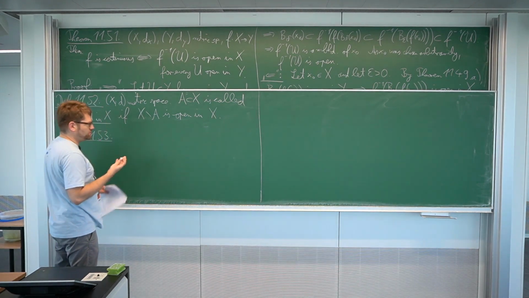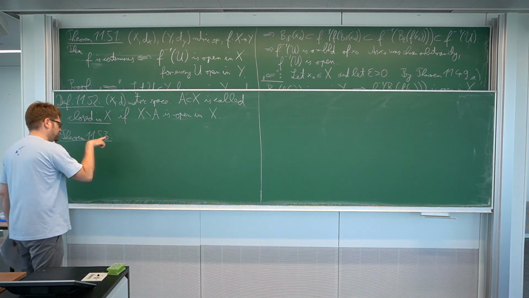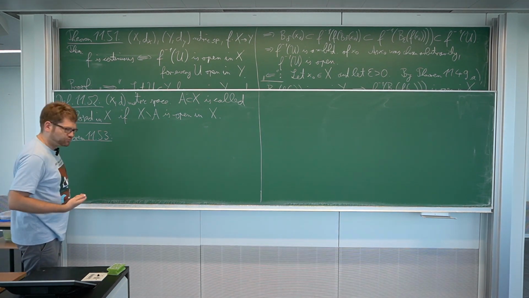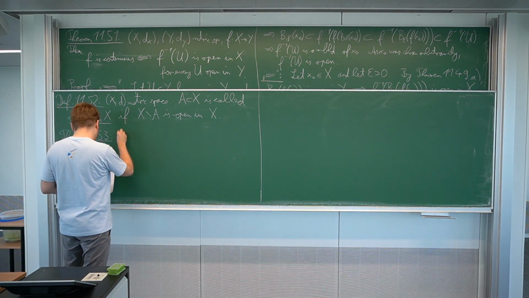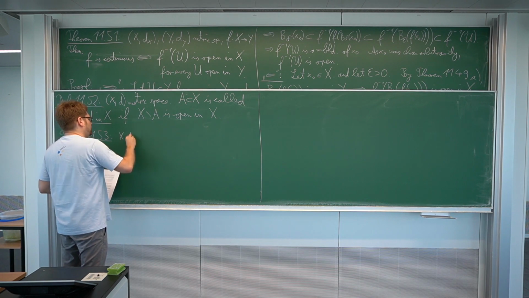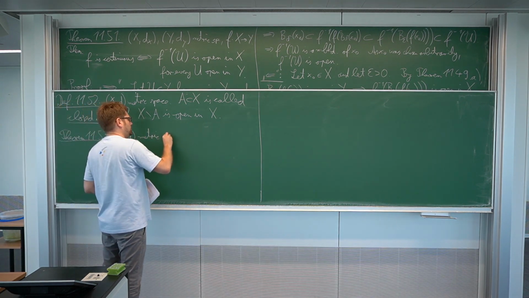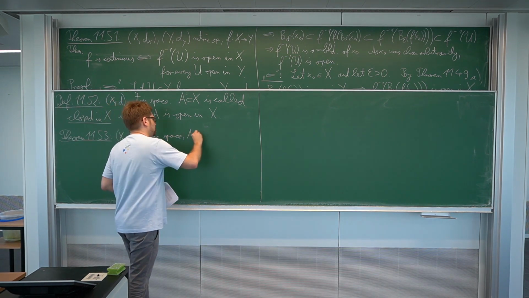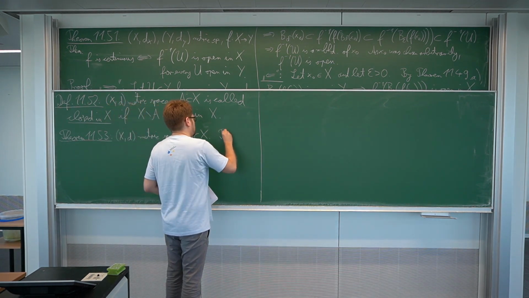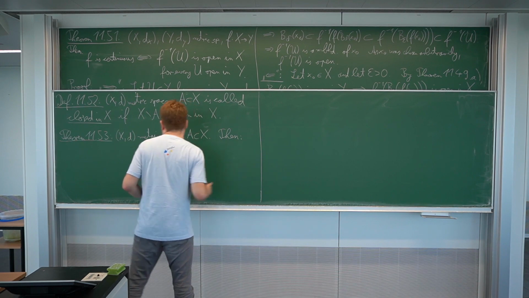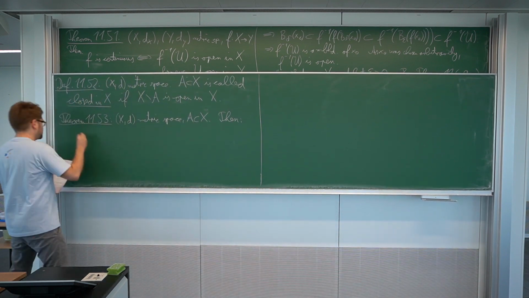The most important property of closed intervals is now reflected in this theorem, which transfers this property to closed subsets of metric spaces, namely, if we have an arbitrary metric space and an arbitrary subset, then the closedness can be characterized as follows.